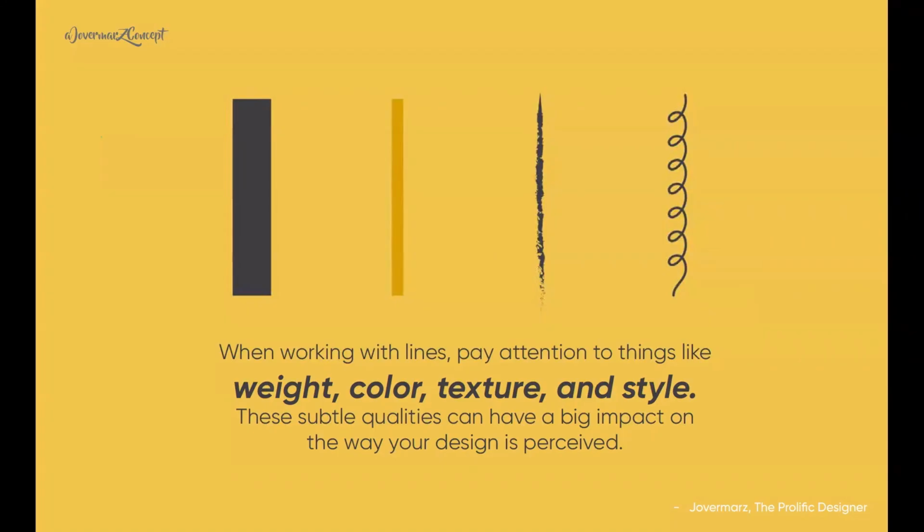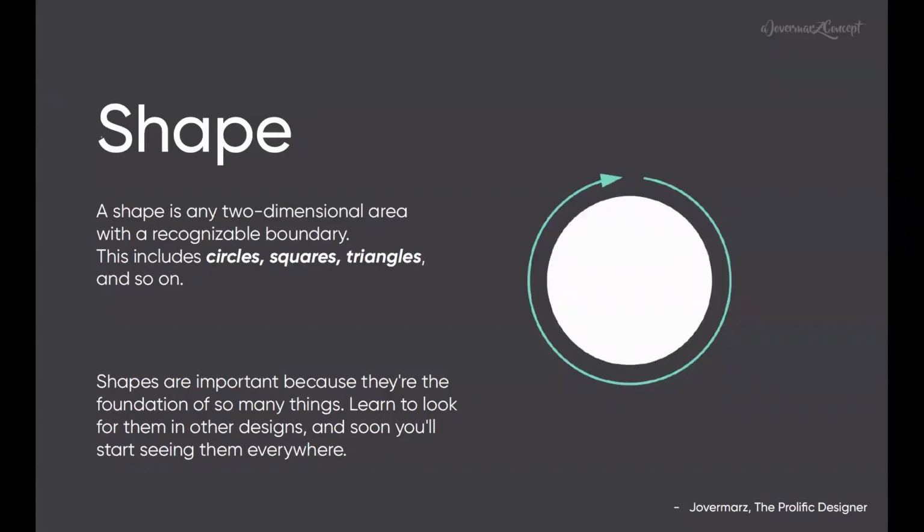The next thing is shape. A shape has a recognizable boundary. You see that line connects two dots. Shape has a boundary, which means whatever is inside that shape cannot really go out.